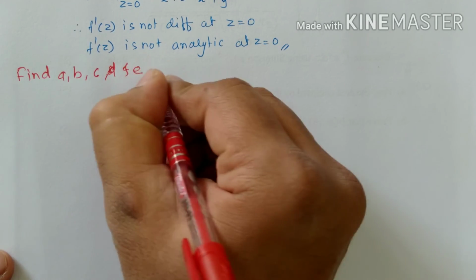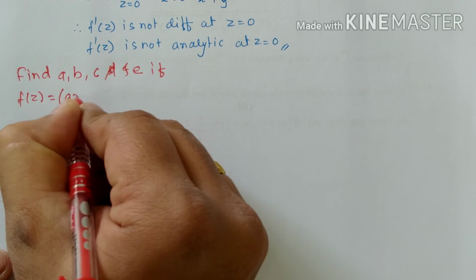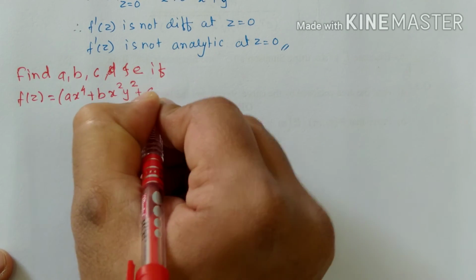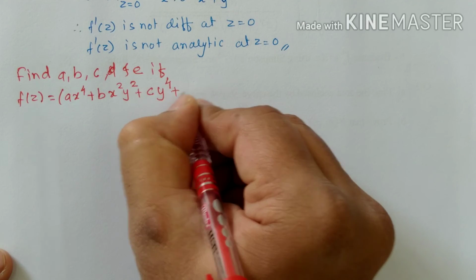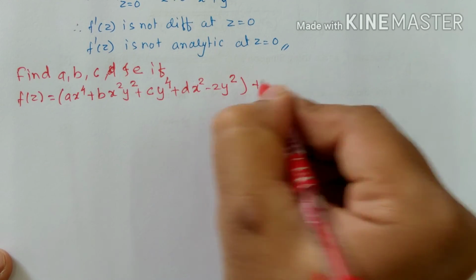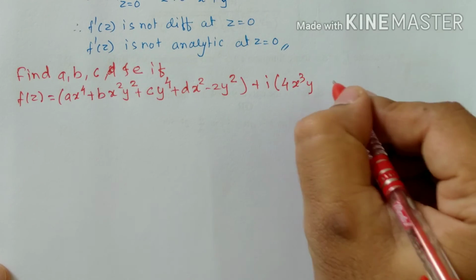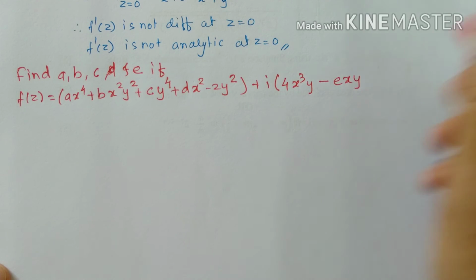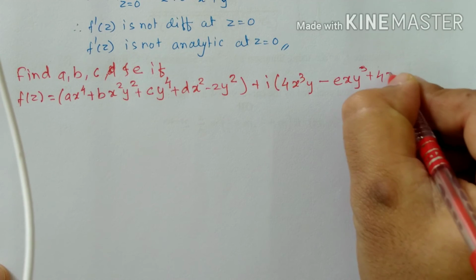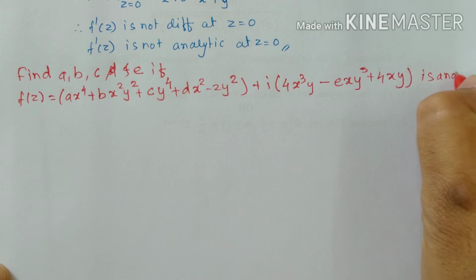The question is, find a, b, c, d and e if the function f of z is equal to ax raised to 4 plus bx square y square plus cy raised to 4 plus dx square minus 2y square plus i times 4x cube y minus exy cube plus 4xy is analytic.